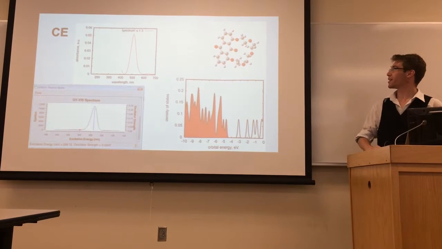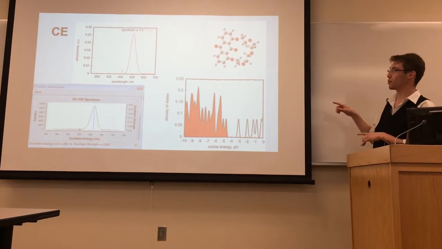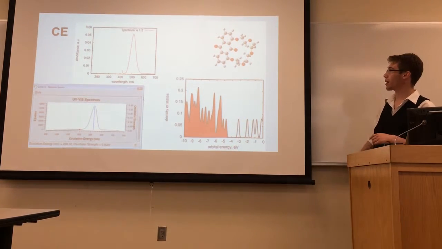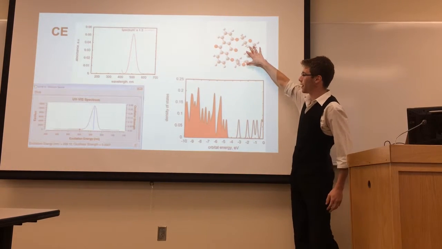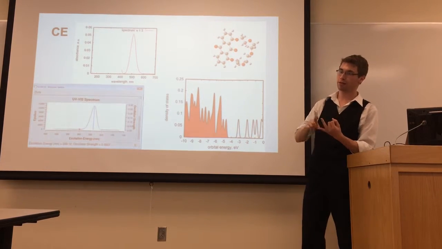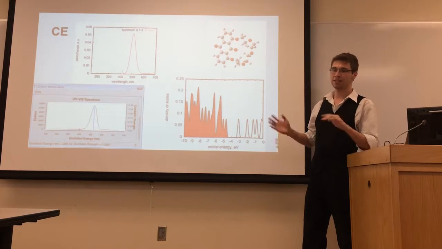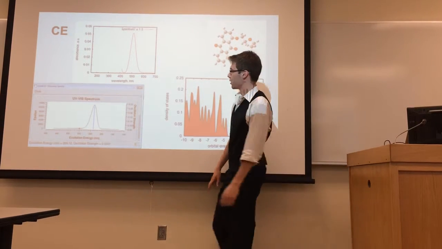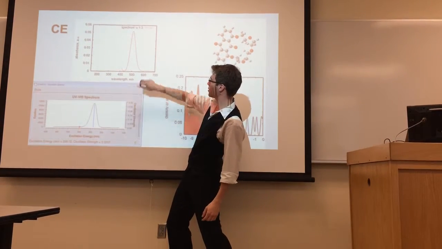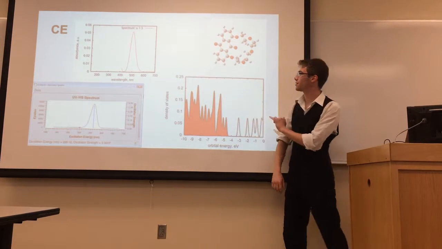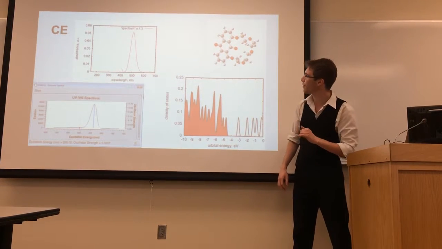So first up is our crown ether, the base molecule that I synthesized this morning, this guy. I ran it through both Gaussian and VASP, just because we can. And we see our UV-Vis from Gaussian and VASP and the density of states, because it looks cool, and I thought it would be fun.